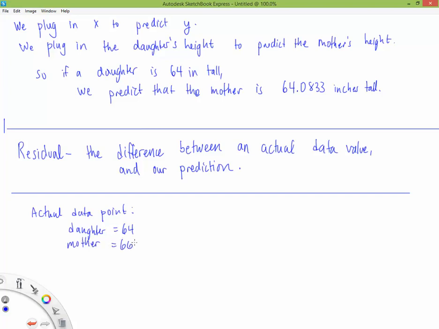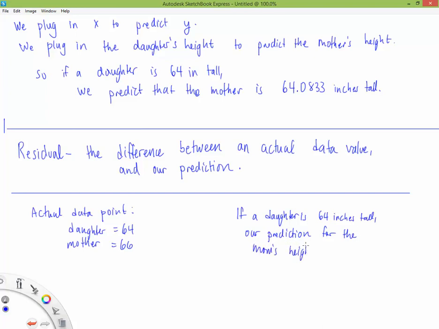Now, what did we establish? We said if a daughter is 64 inches tall, what is our prediction for the mother's height? The mom's height is 64.0833.